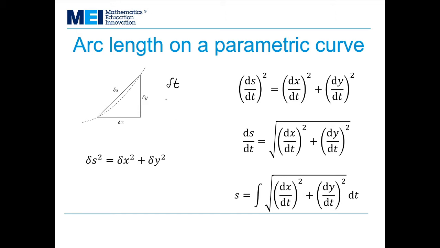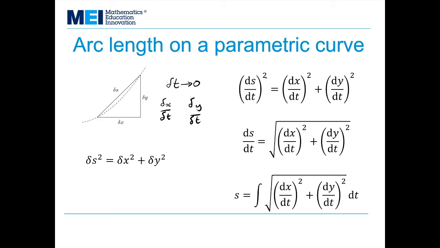So what I want to do is consider what's going to happen to the fraction delta x over delta t and the fraction delta y over delta t if I consider the limit as delta t approaches 0. And this is going to lead to an expression with derivatives, ds by dt, like this one, instead of my delta fractions here that I had before.